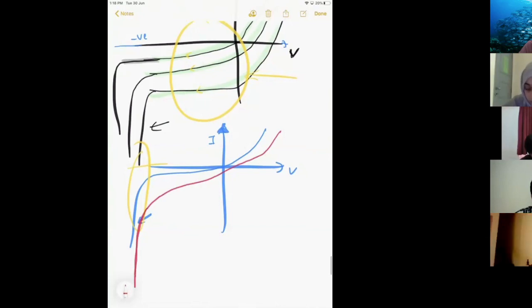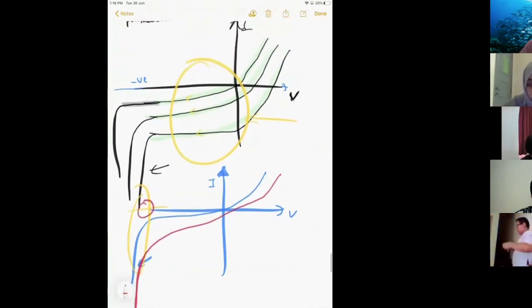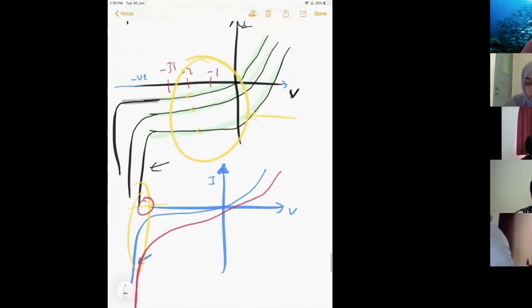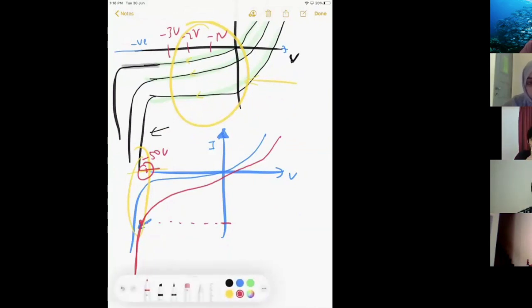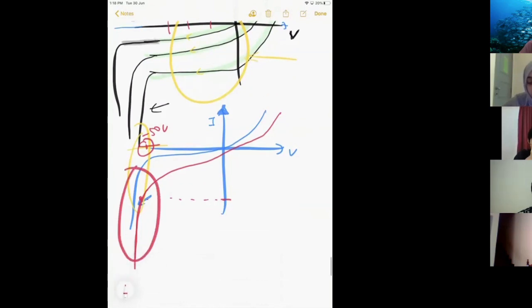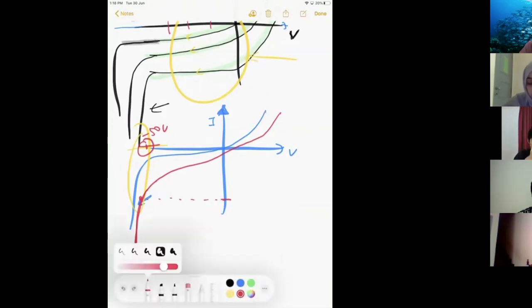For the normal one you operate at voltages like -1, -2, -3 volts. But avalanche breakdown occurs at very high voltage, so maybe -50 volts here. So you bias at -50 volts, then you shine light into it, and this is the current that you measure. This current is because it's at the avalanche region here.